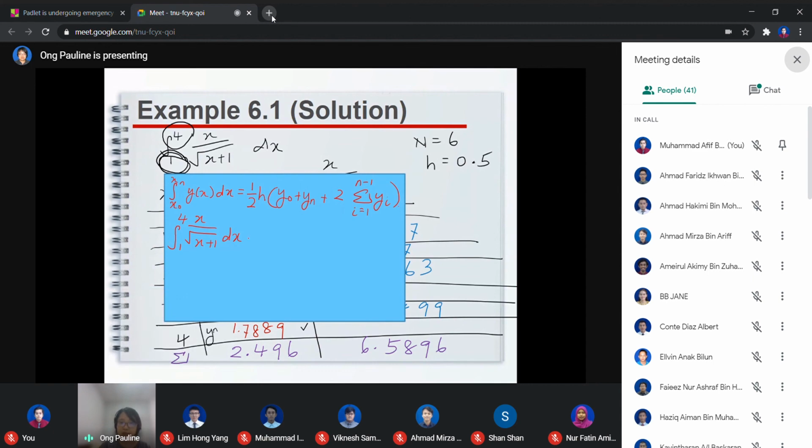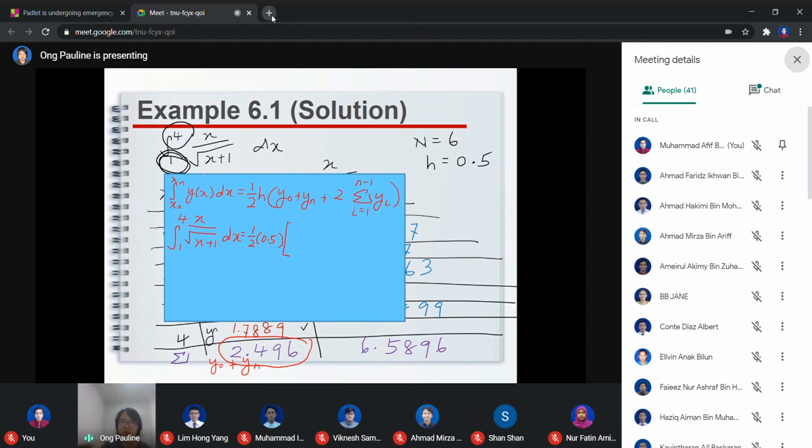So I have 1 over 2h, which is 0.5. And here I have y0 plus yn. You know that y0 plus yn we already found from the summations here. 2.496 is the answer where we sum up the first value of y and the ending value of y, y0 plus yn, the first and the last value.